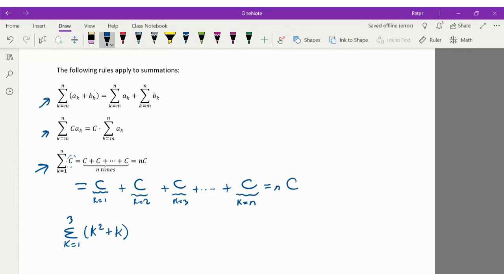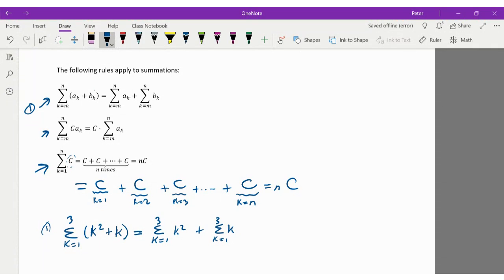That is going to equal the sum from k equals 1 to 3 of k squared plus the sum from k equals 1 to 3 of k. I'm applying rule 1 here. That's what rule 1 means, that I can break up that sort of sum in that way.